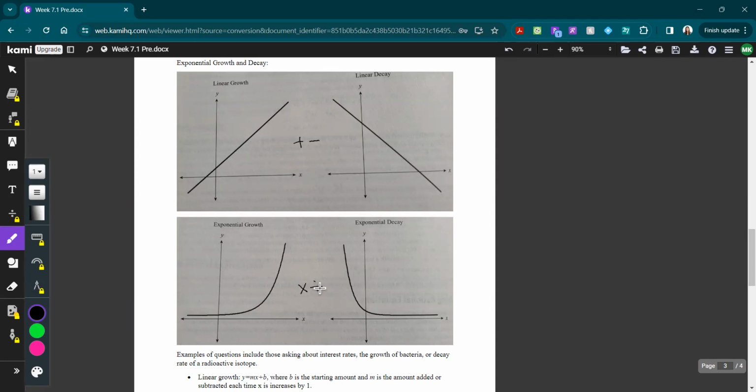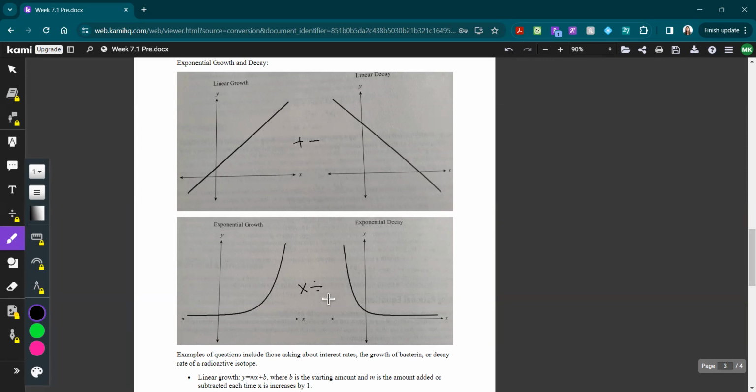More specifically, the word is ratio. It's times or divide. So it might be like 3 times 2 to the power of x, or 3 times 1/2 to the power of x. But as you can see, it's times if it's 2, and technically it's divide if it's half. In short, for your ratios, this is also another thing you want to look at, which you will see as we go through questions together.